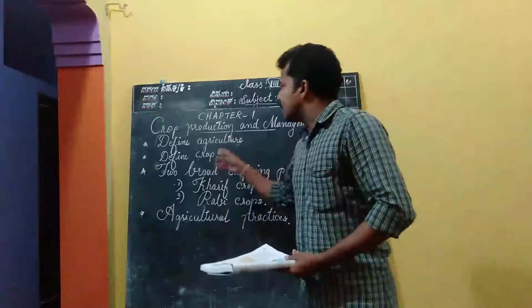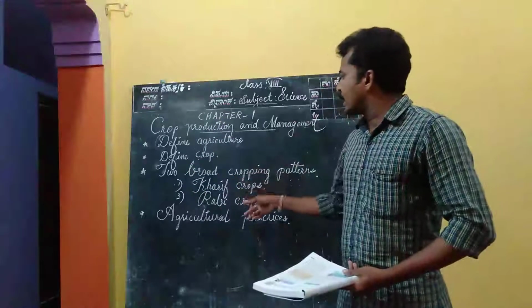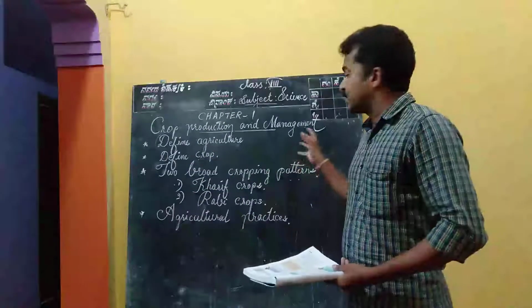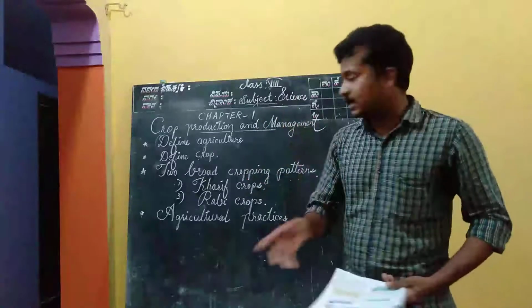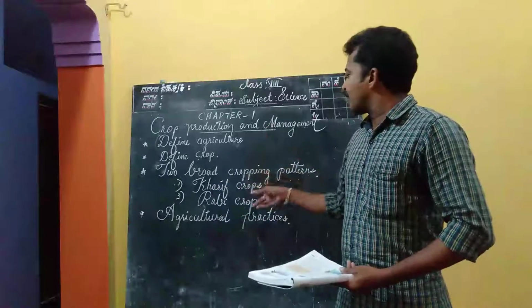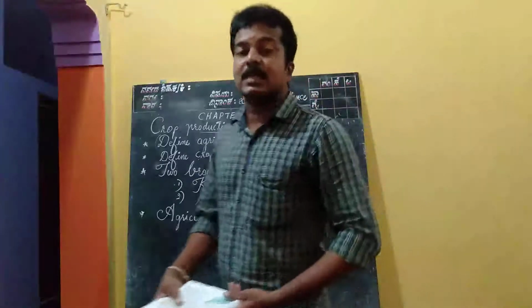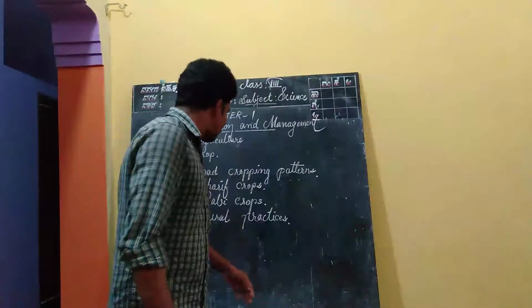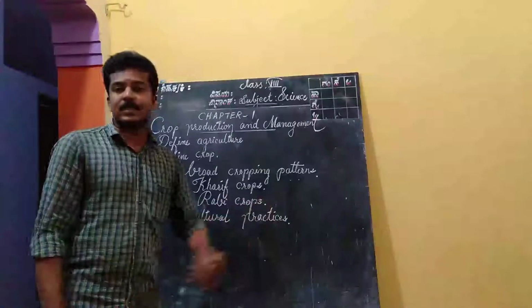And further, we are going to learn the definition for crop, followed by two broad cropping patterns in India. In India, we have two broad cropping patterns, and they are called the Kharif crops and the Rabi crops. And finally, in this lesson, we are going to learn about different kinds of agricultural practices.